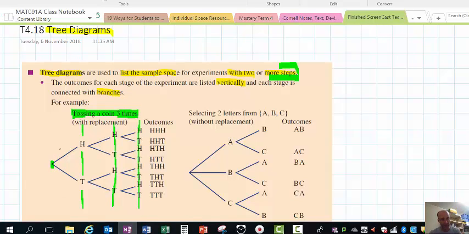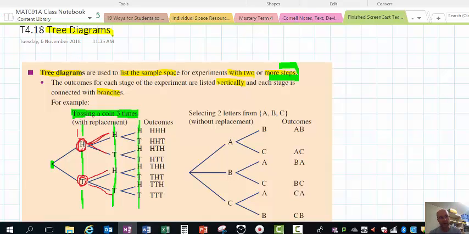On the first toss of the coin we can get a head or a tail. Given that it's a head on the first, on the second it could be a head or a tail. Alternatively, if we got a tail on the first toss, the second toss could come out as a head or a tail.